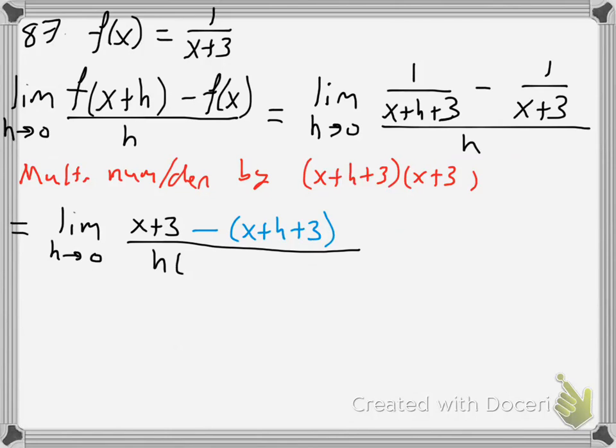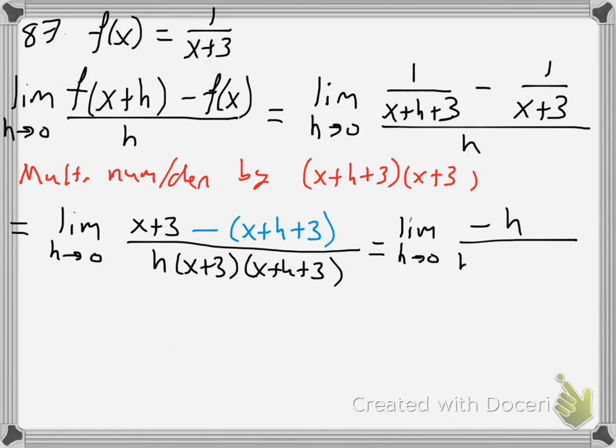When I'm grading this, I expect you to show that step, so don't just copy what I have here. Make sure you show that step. Again, nice things are going to happen. The x and the 3 are going to cancel out, so we're just left with minus h on the numerator, and then the denominator. Do not multiply it out, because then it just gets to be a big mess and it's not going to be helpful.